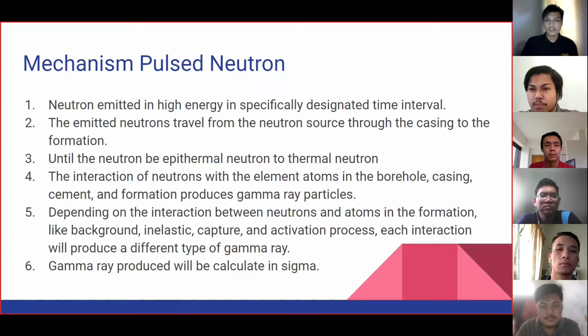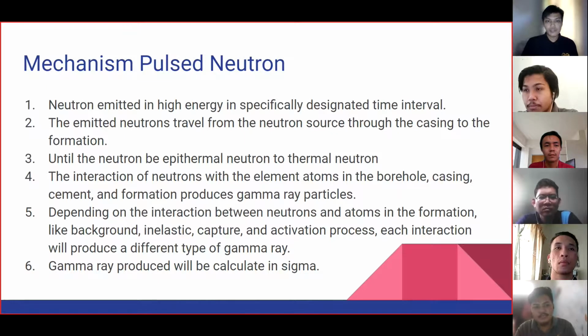As for the mechanism of the pulse neutron tool, as its name suggests, neutrons will be emitted in specific time intervals. Those neutrons will be released to the formation, going through the casing also, moving and bouncing through the porous media until they reach the state of thermal neutron.